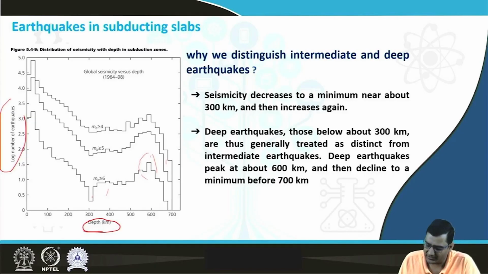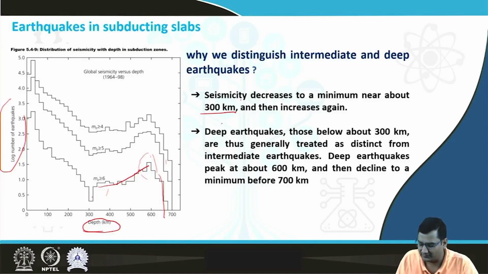So this is what is written here. Seismicity decreases to a minimum near about 300 kilometers. That is why we want to distinguish between intermediate and deep focus earthquakes, because there is a contrast in the number of events that are happening. The number of events is minimum at around 300 kilometer depth, then again it increases, and then becomes minimum one more time at around 700 kilometer depth.